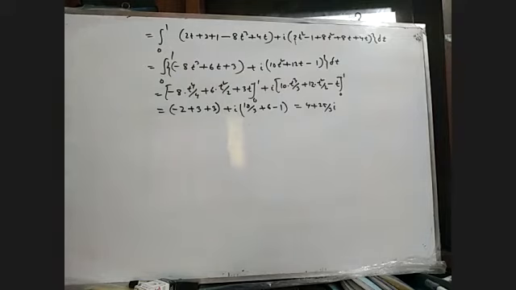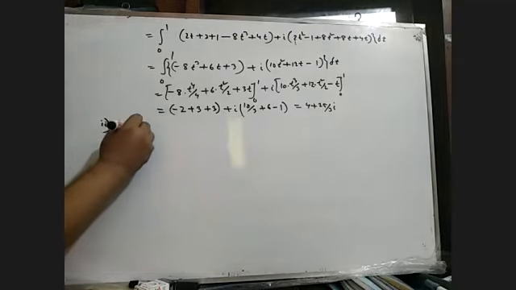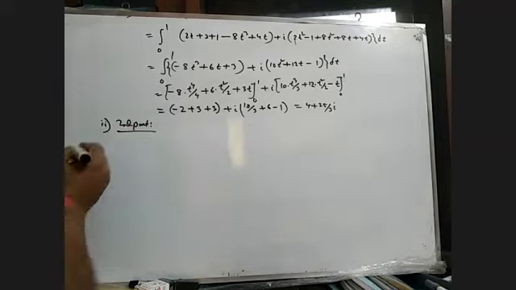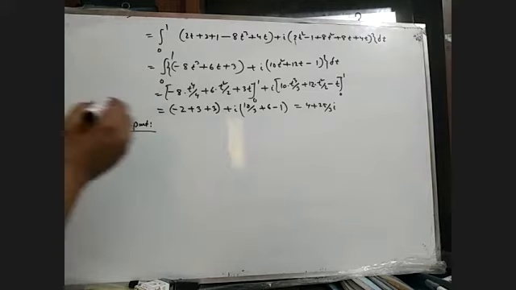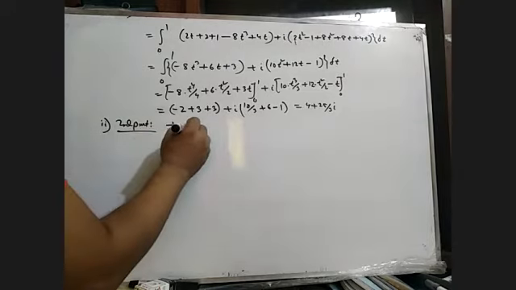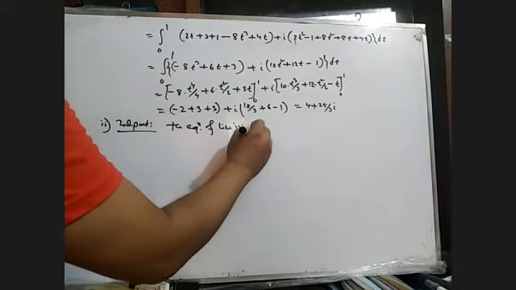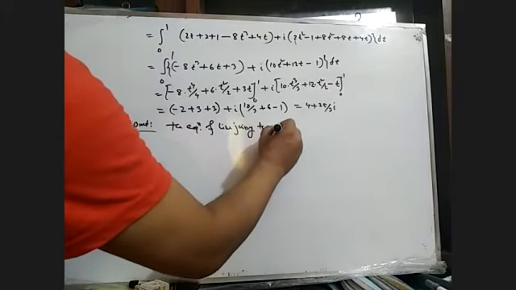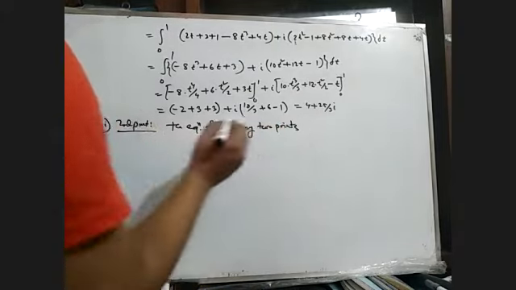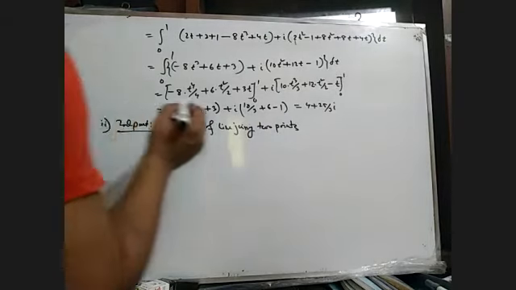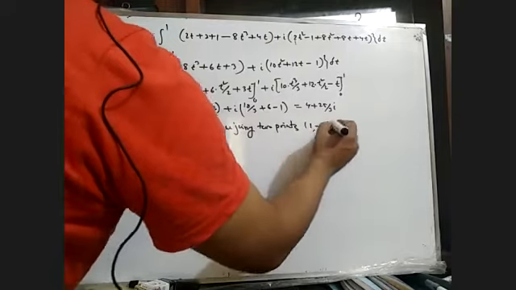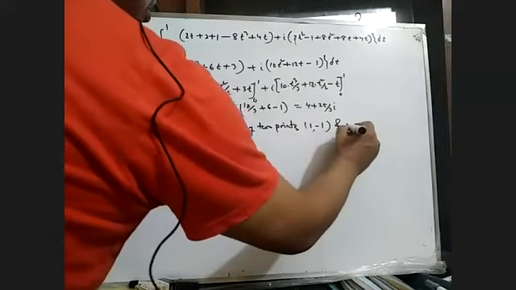Now the second part will be the equation of the straight line joining these 2 points, 1 minus 1 and the other one 2, 1.